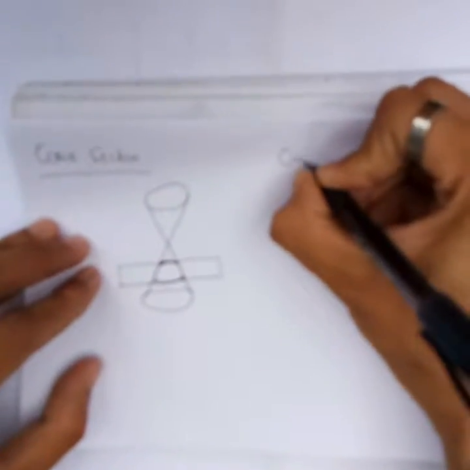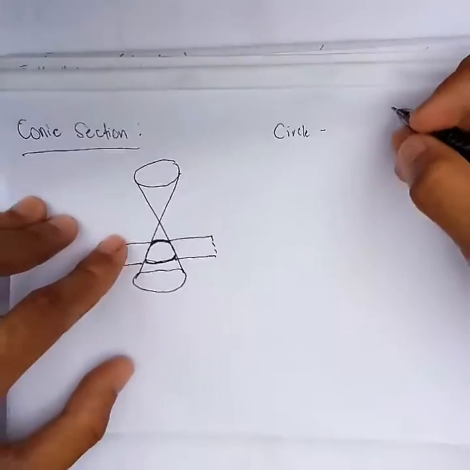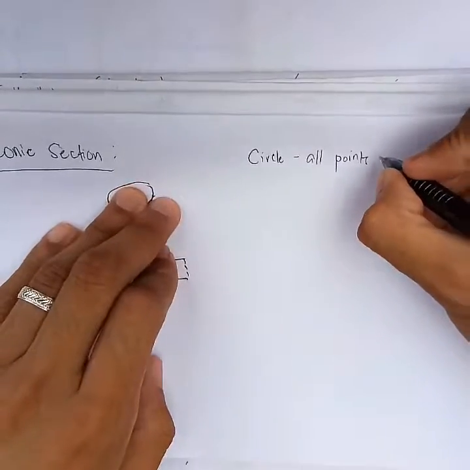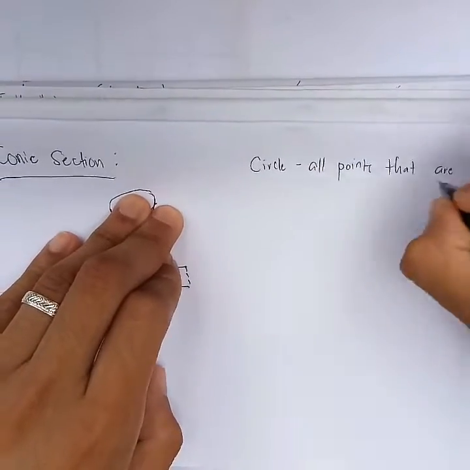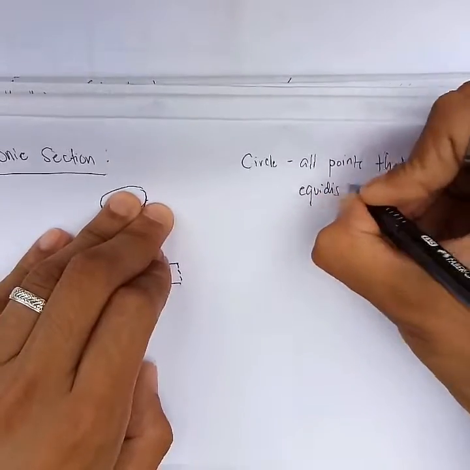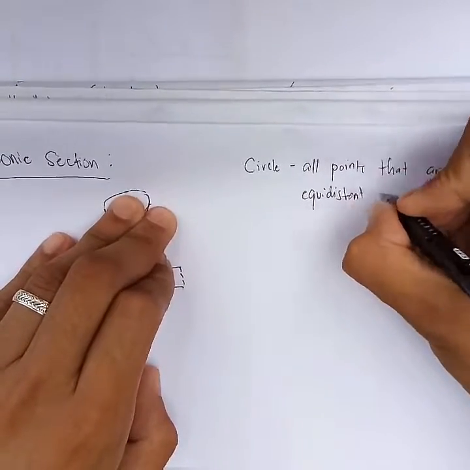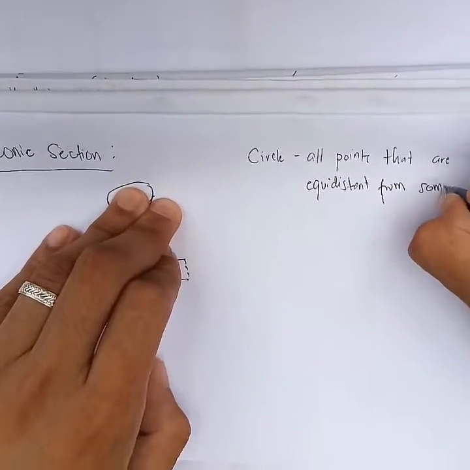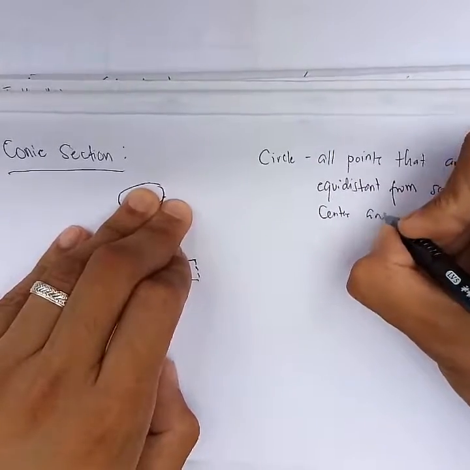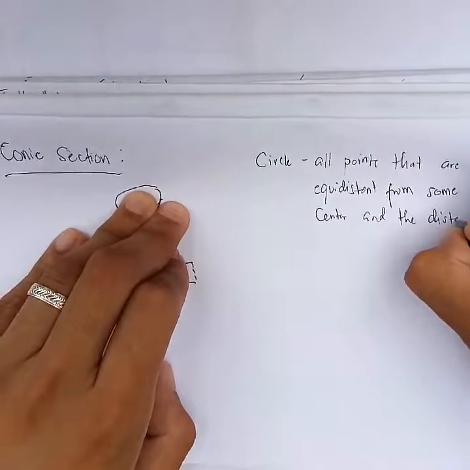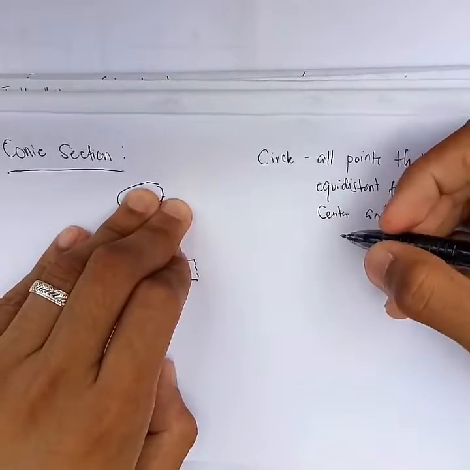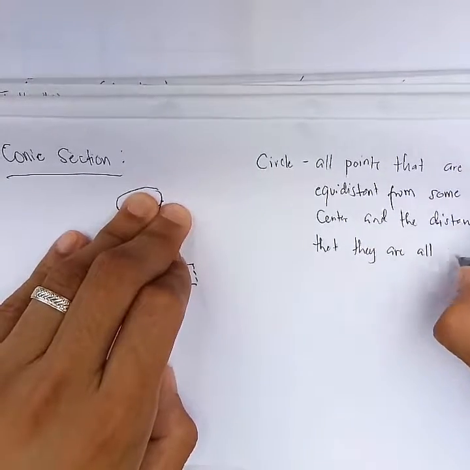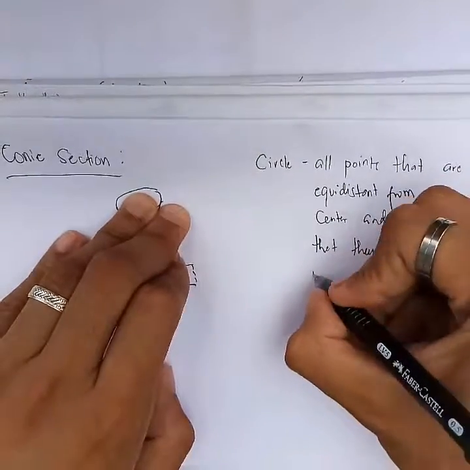Circle. Let's define first what is a circle. Circle is all points that are equidistant from some center, and the distance that they are all called radius.